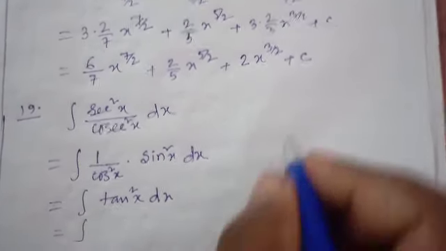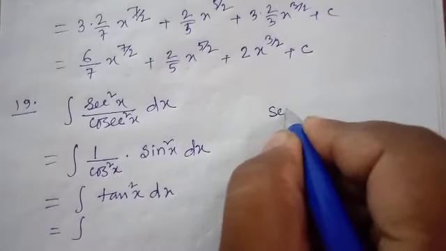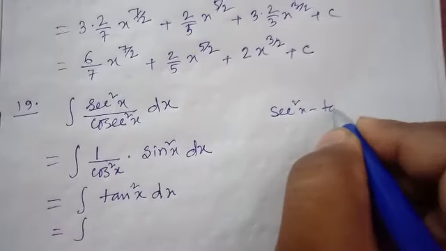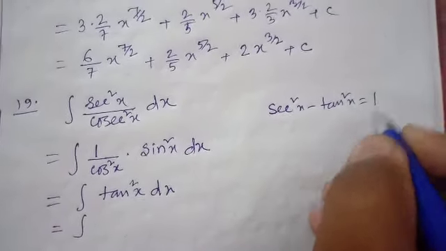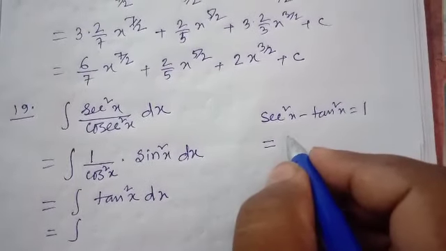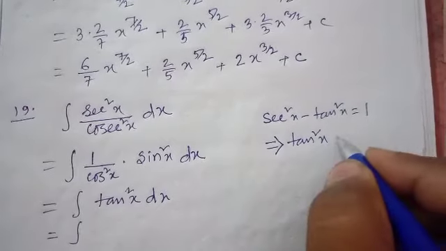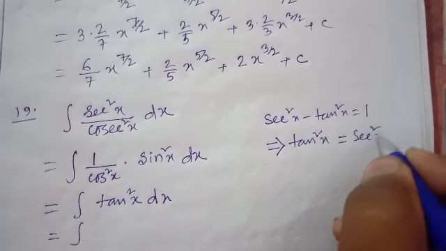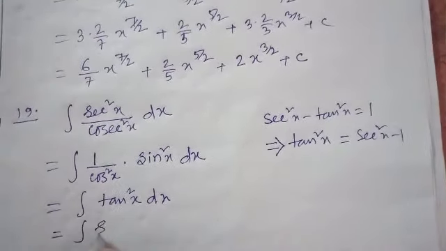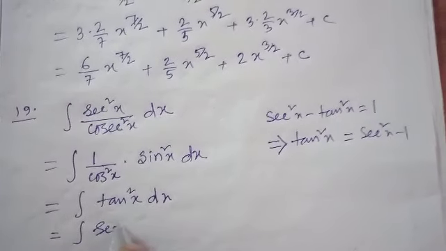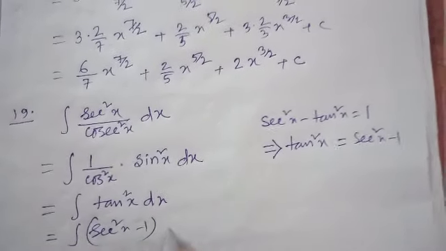You know that formula sec square x minus tan square x equals 1. So here tan square x equals sec square x minus 1. So here this one you write as sec square x minus 1 dx.